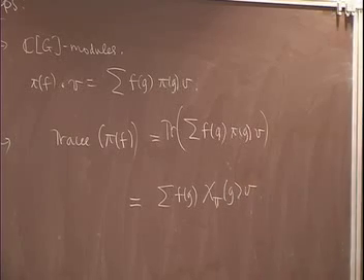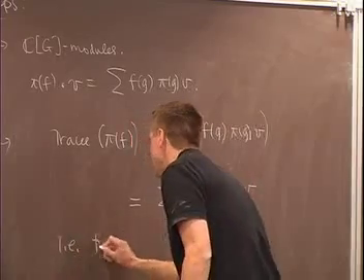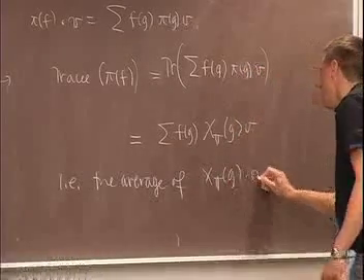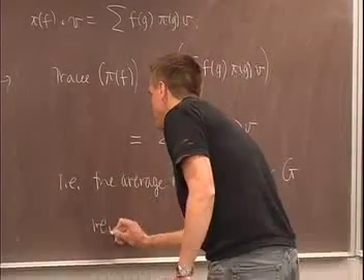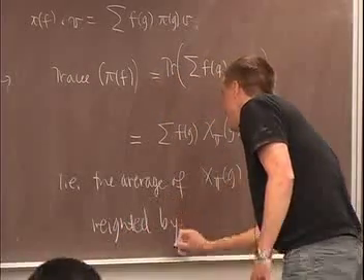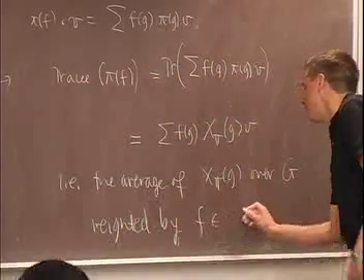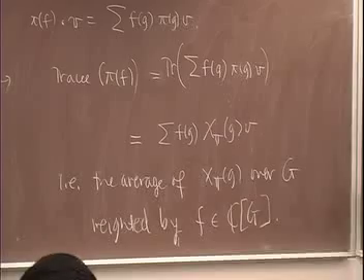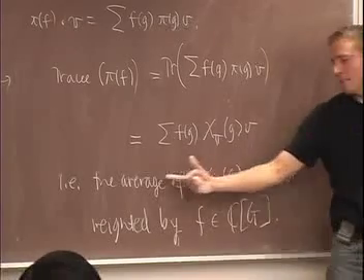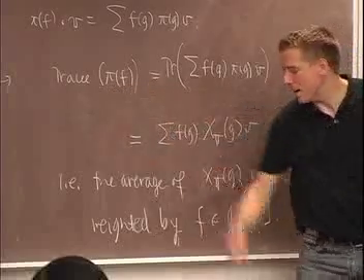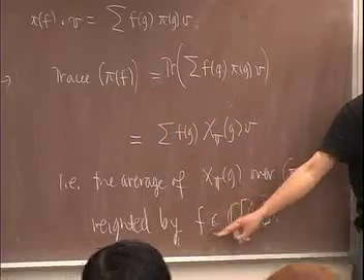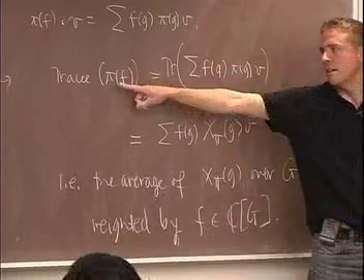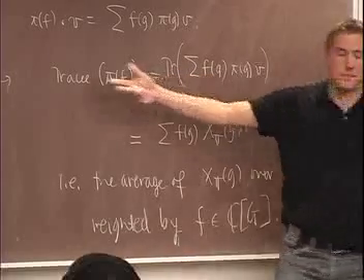So it's just the average of chi pi of g over g, weighted by this function f in the group algebra, a function on G. As I said, it's a stupid thing to do because if we have this average character, we can of course recover the original character just by putting in the function that's 1 on the group element g and 0 everywhere else, and then the trace of the operator pi of that indicator function is just the character evaluated at g.